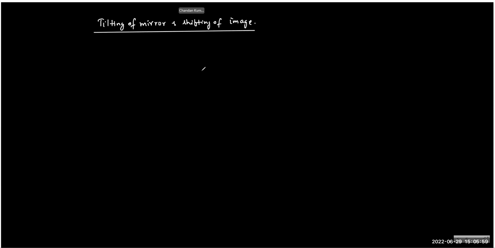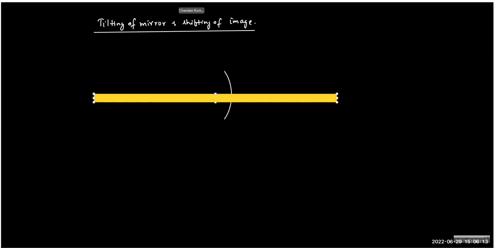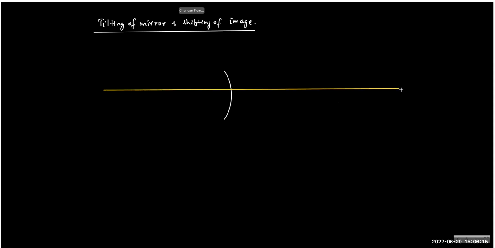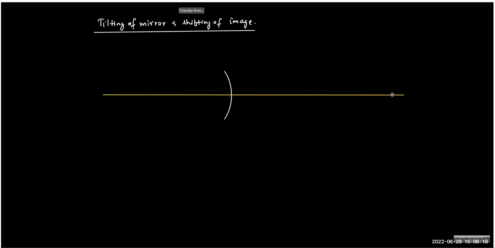So imagine we have a situation where we have a mirror. This is the principal axis. So there are two things: either you can tilt the mirror or you can shift the principal axis.